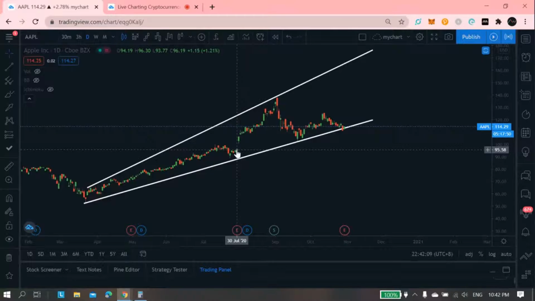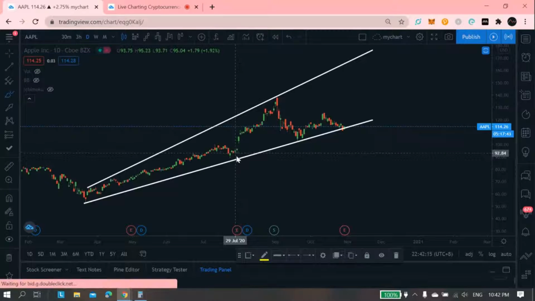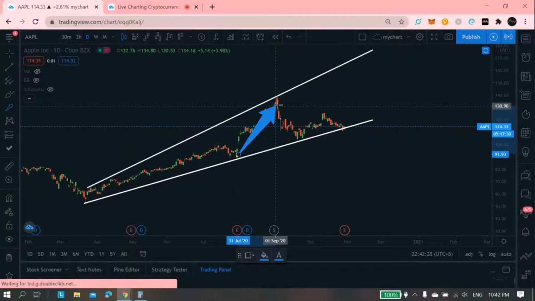And since it was better than expected earnings, it went high and created a new all-time high.